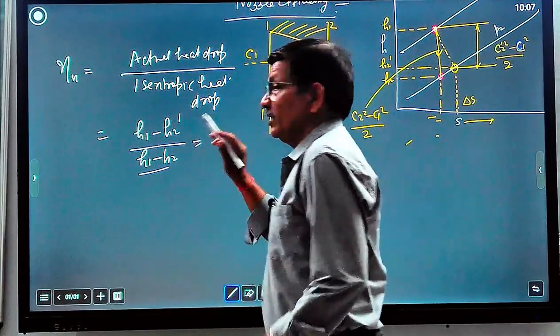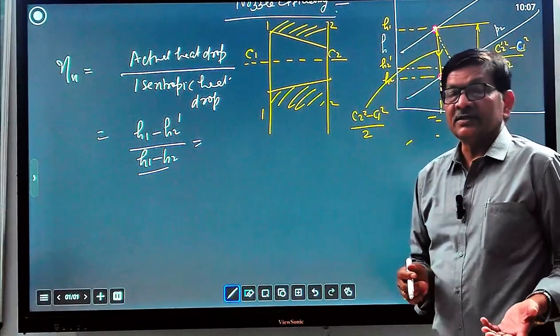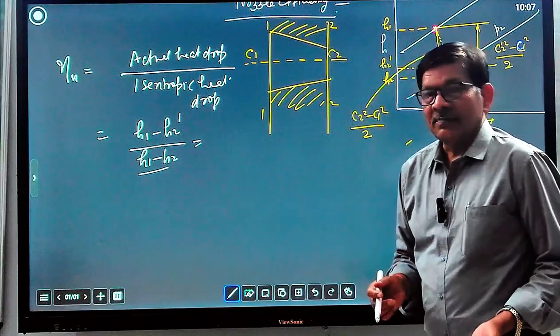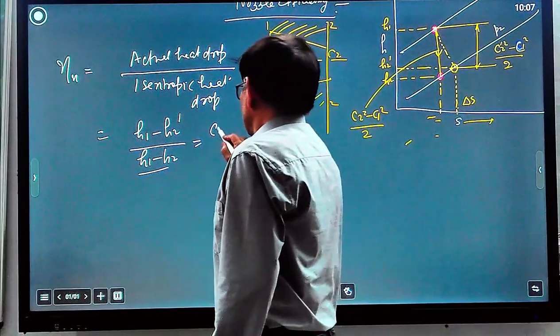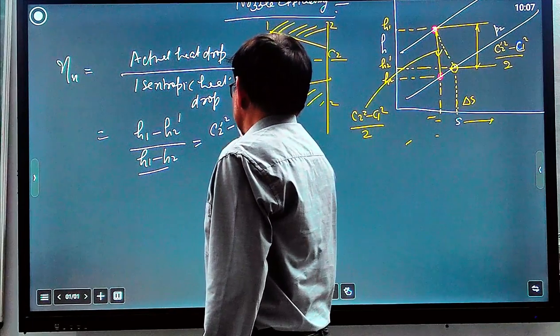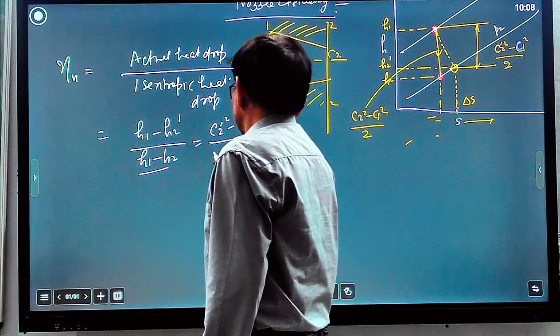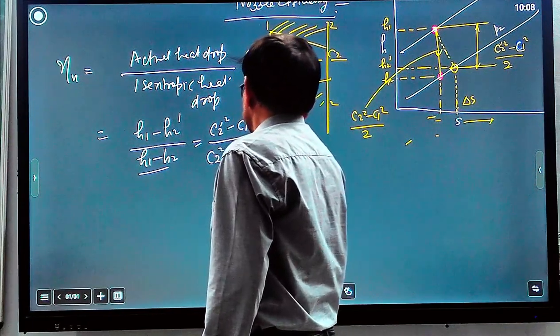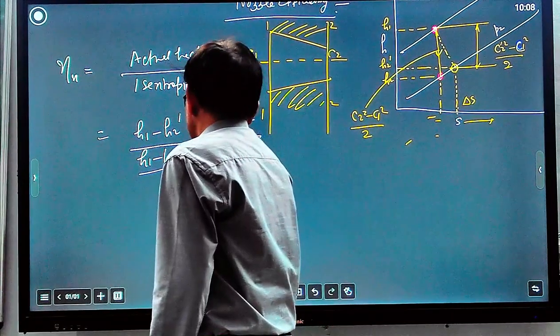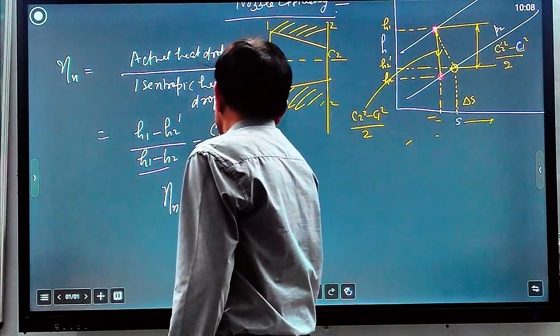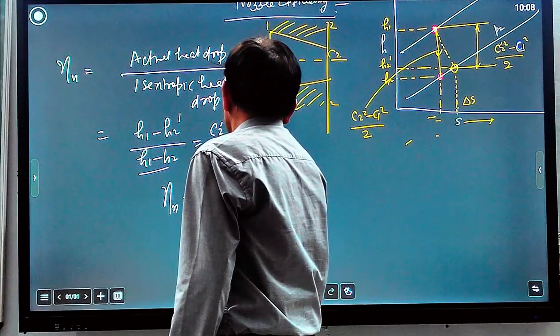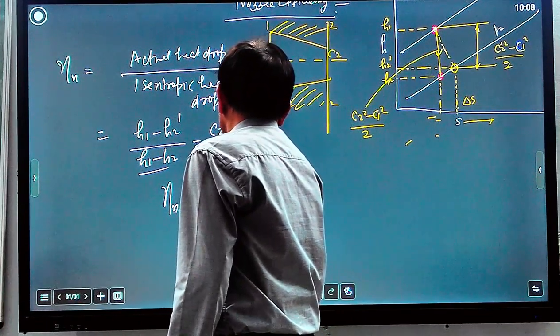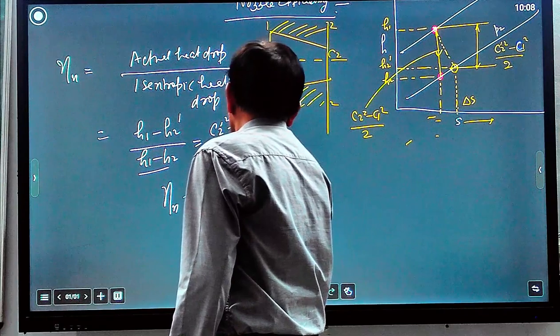This can be written in terms of the actual kinetic energy gain upon isentropic kinetic energy gain. So the nozzle efficiency eta N is equal to C2 dash square minus C1 square upon C2 square minus C1 square.